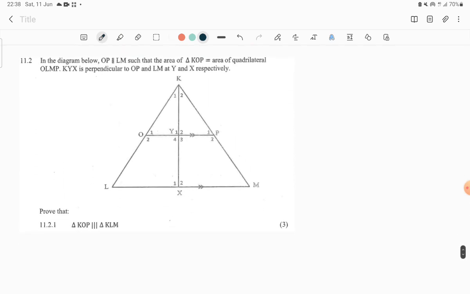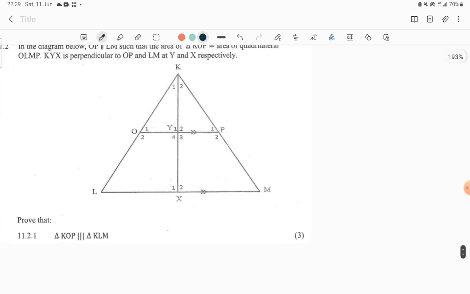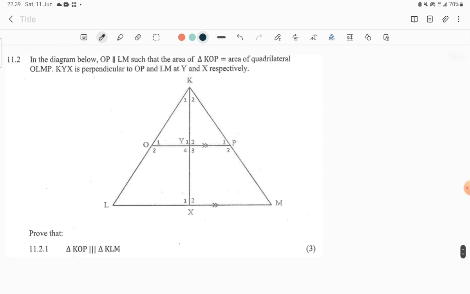The next question, of course, requires that in the diagram below, PQ is parallel to LM, such that the area of triangle KOP is equal to the area of this trapezium over there.